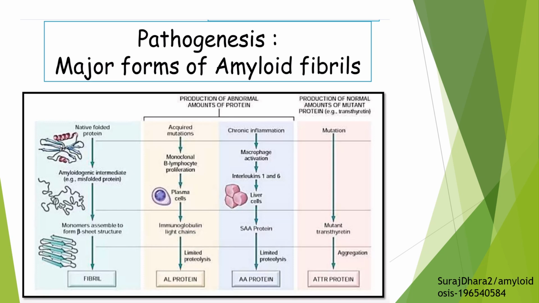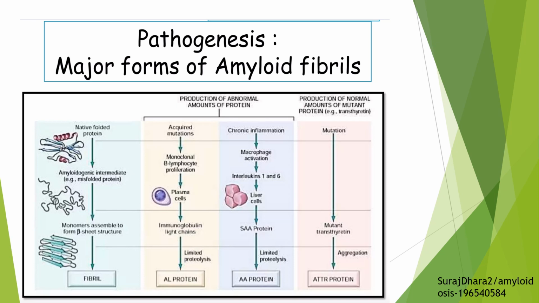If the patient comes up with a chronic disease, for example rheumatoid arthritis, ulcerative colitis or Crohn's disease, any sort of chronic inflammation in the body, the macrophage activation leads to interleukin 1 and 6. Now, the liver cells in response produce SAA protein, which due to some limited proteolytic activity leads to aggregation of AA protein.